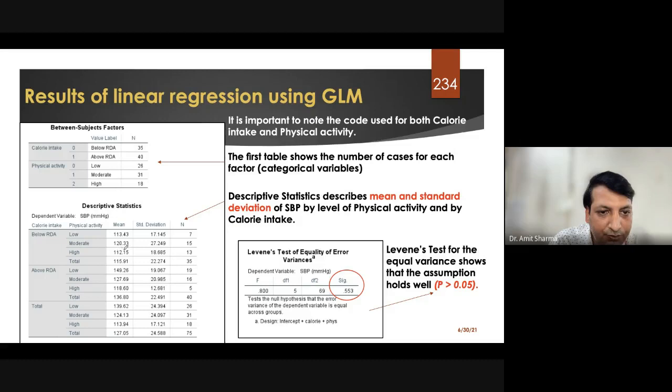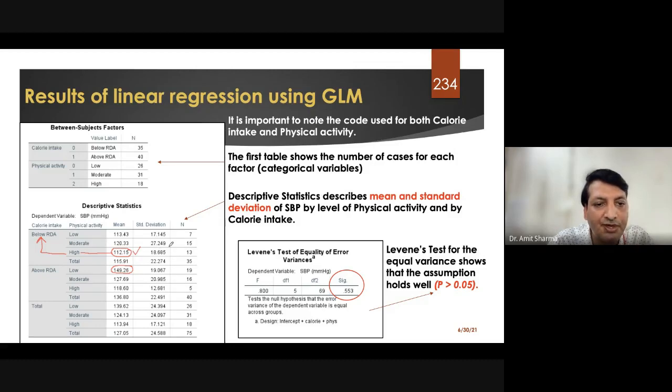113, 112. I think 112 is the lowest. Yes. So the lowest value we have got is this one, and the highest value we have got is 149. So we can see that if persons are doing high physical activity and taking a diet below RDA, their systolic blood pressure will be 112.15.